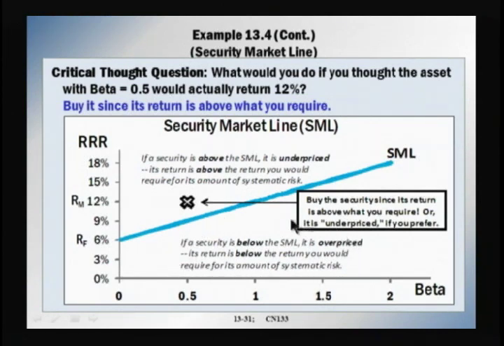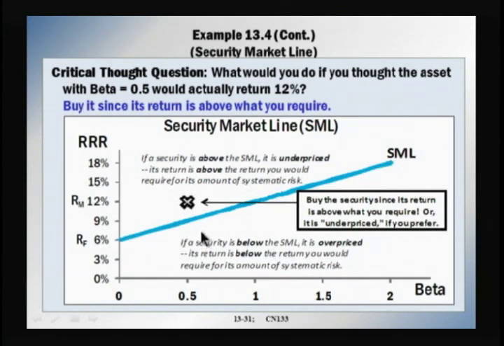If a security is below the security market line, it is overpriced. Its return, measured on the vertical axis, would be too low to fairly reward an investor for its systematic risk. So if we expect something down here and we require something per the security market line that's higher than that, we don't want to buy the asset.